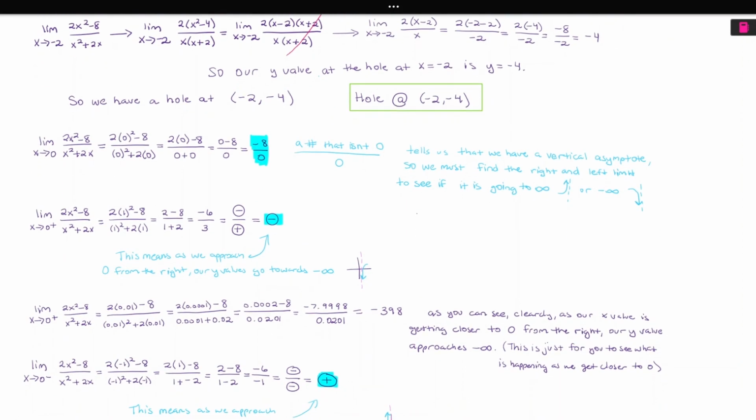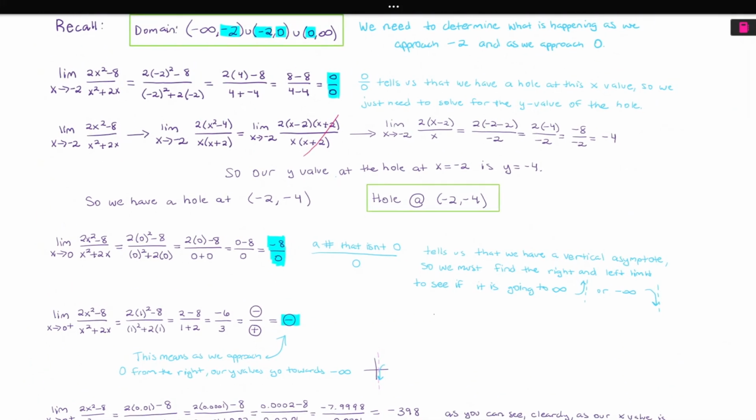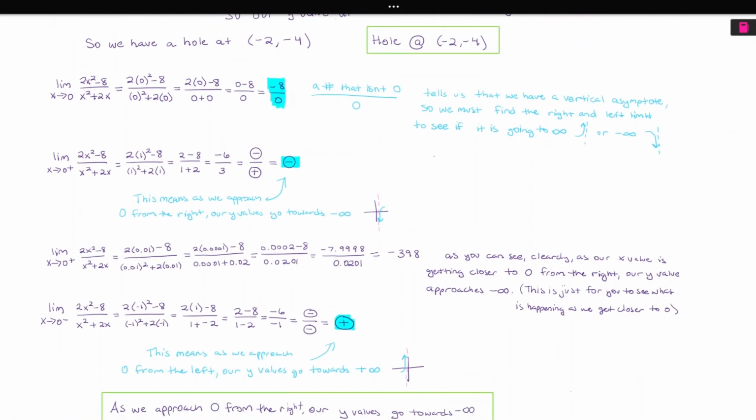And then as we approach 0, I just plug in 0 to see what I get, not from right or left, I just plug it in, and I get negative 8 over 0, which is a number that isn't 0 over 0. And so instead of 0 over 0 telling us that we have a hole, a number that isn't 0 over 0 tells us that we have a vertical asymptote.